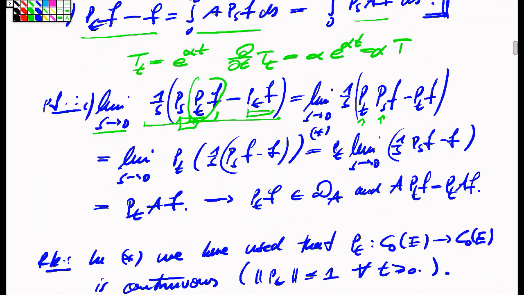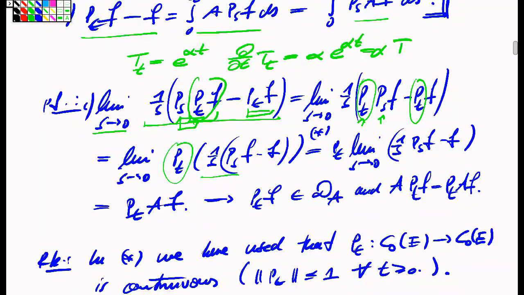But then I see that I have the operator Pt, which appears here to be operating on two different functions, namely a function which is PsF and F. So I can pull out this Pt operation towards the front to obtain this expression here. And now I can use the continuity of the Pt operator.